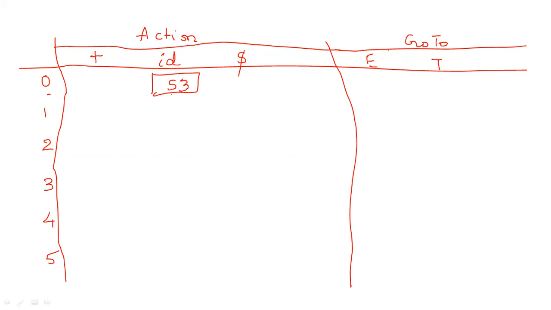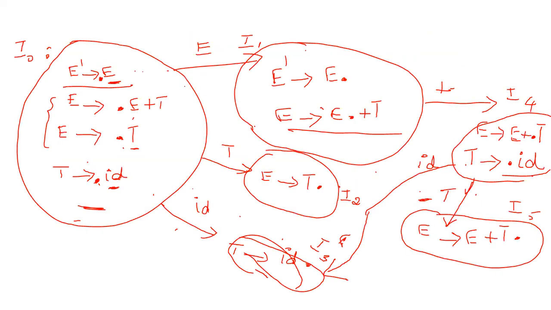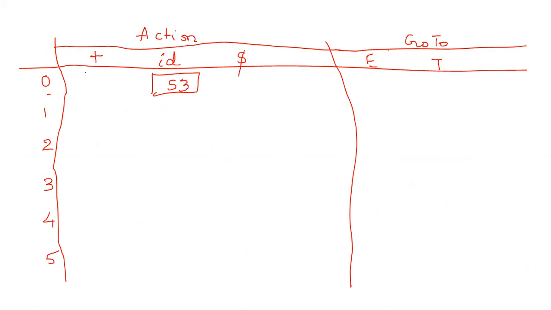The action performed is shift, and I am shifting to state number 3, I3. See the automata clearly: for I0, if I give ID as input, it goes to I3, shift 3. So for 0 and ID, I give shift 3, S3.